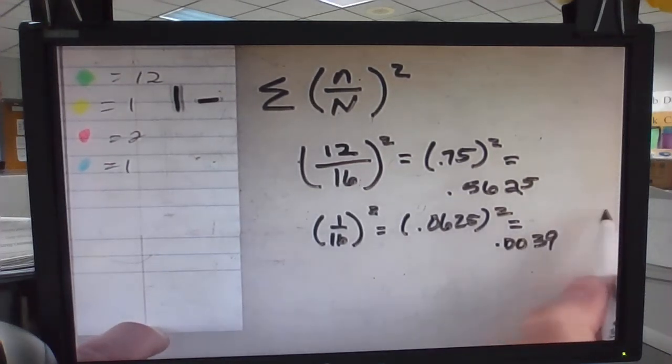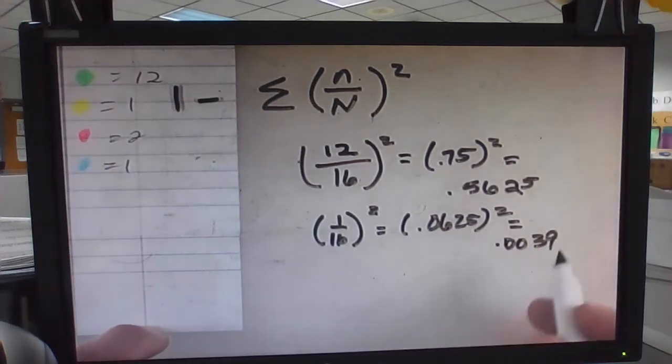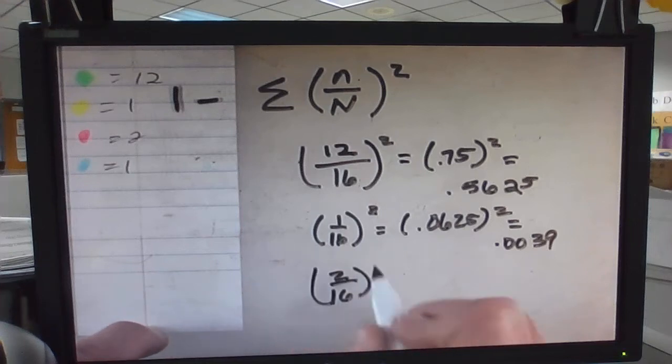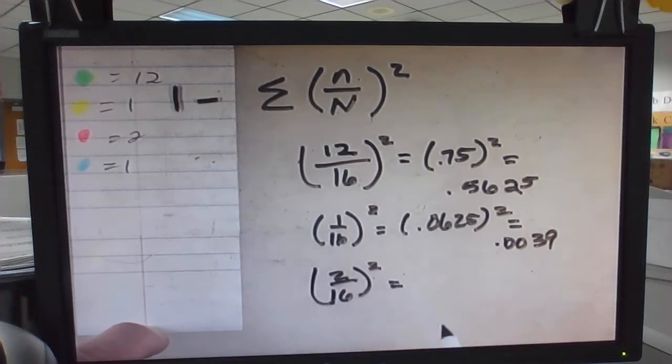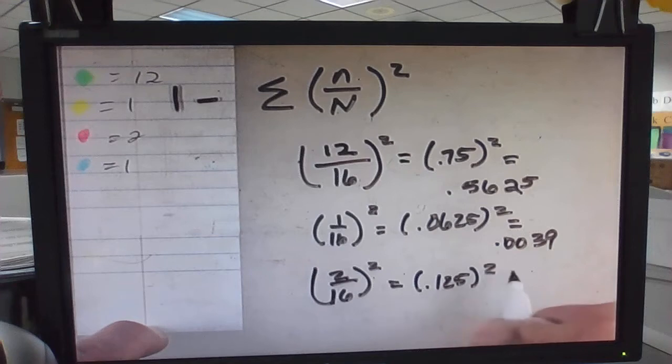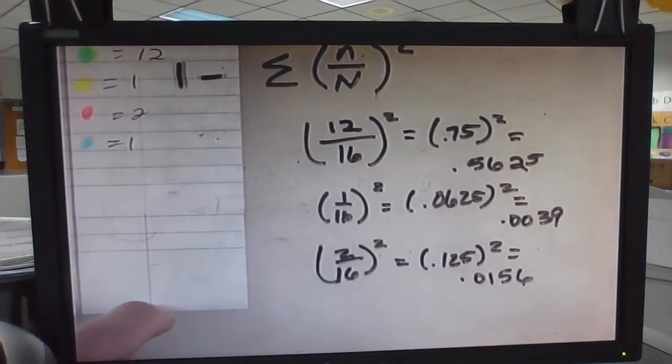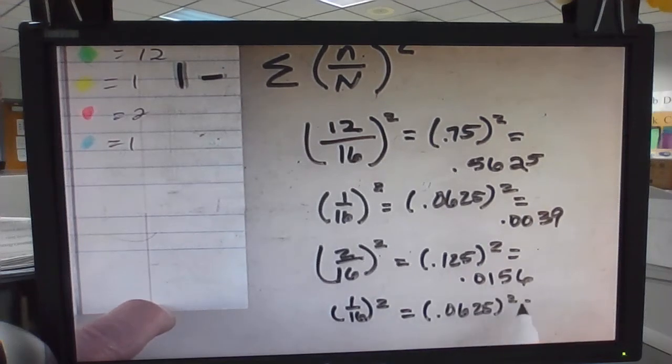There are 2 critters in the pink species. 2 divided by 16 is 0.125. Squared that is 0.0156. And then finally, blue. 1 of those critters, so we know that's 0.0625 squared, which is 0.0039.